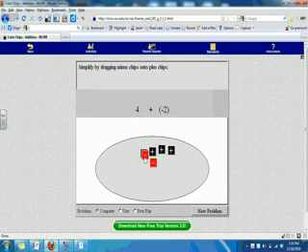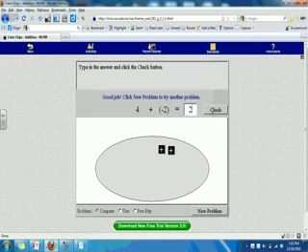Anytime you add opposites, those will give us 0. So they disappear on us. There's another 0. I've made all my pairs of 0 that I can. And so 4 positives plus 2 negatives, we have 2 positives left over. If we check our answer, great.